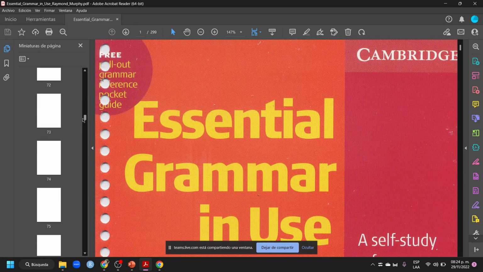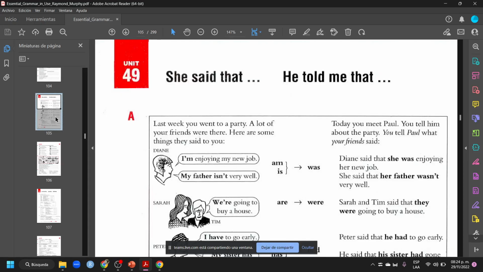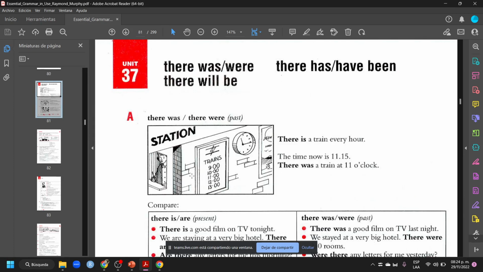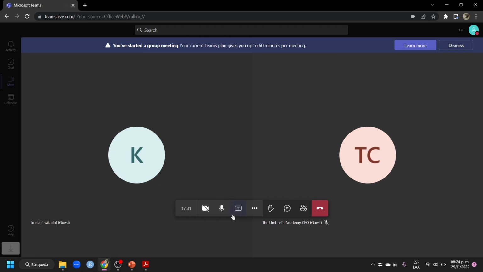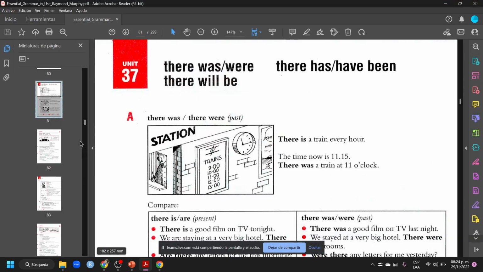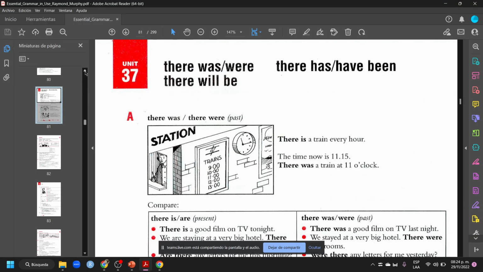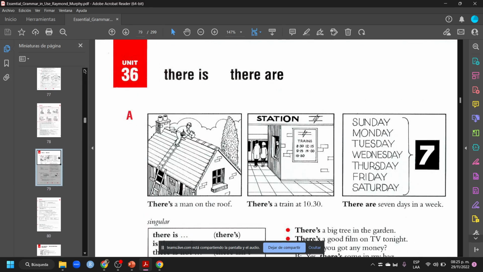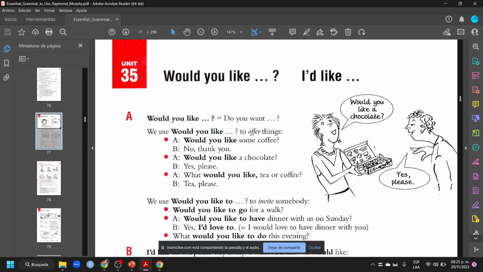I see the Teams, but you don't see the book yet. No, not yet. Okay, again. What about now? Can you see the screen? Yes.